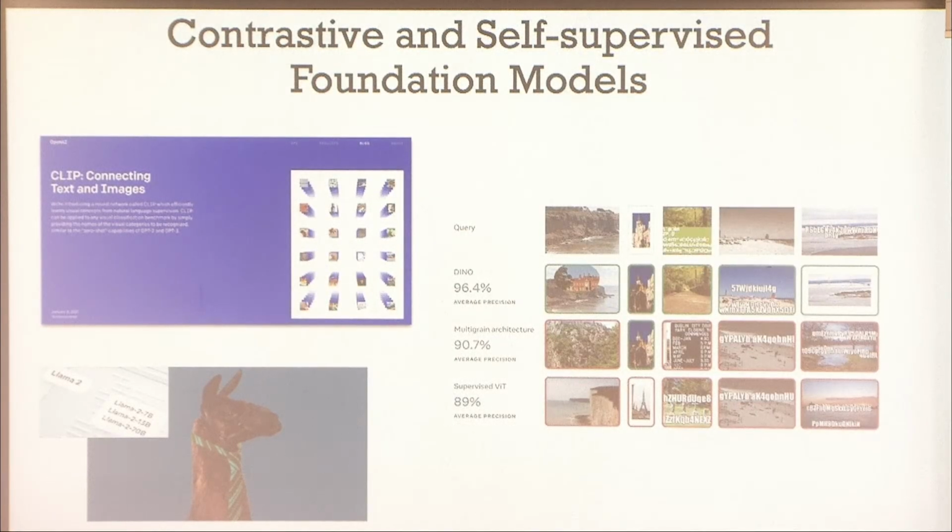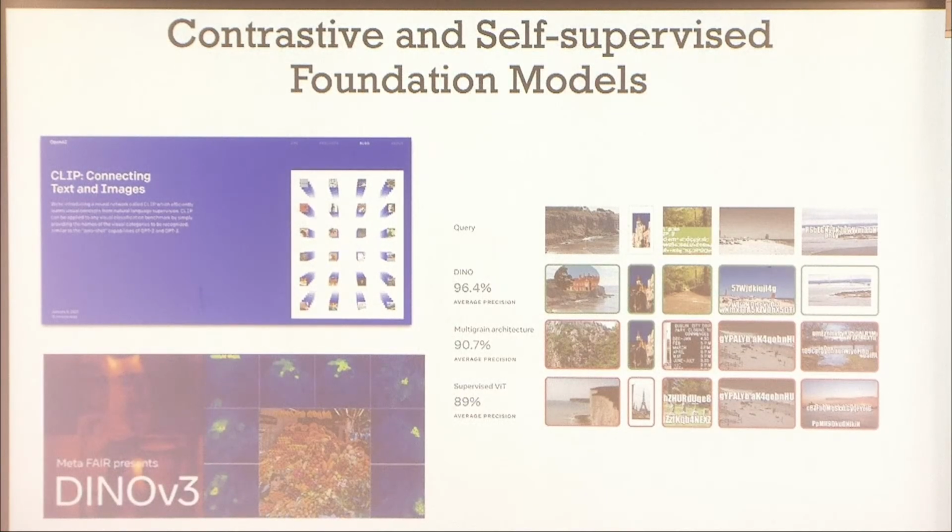And so the foundation models that I'm referring to here are like CLIP. CLIP is a contrastive model that was trained on pairs of text and images. But also Dino. Dino is a foundation model from Meta that now achieves state-of-the-art performance across all classical, well-defined computer vision tasks.